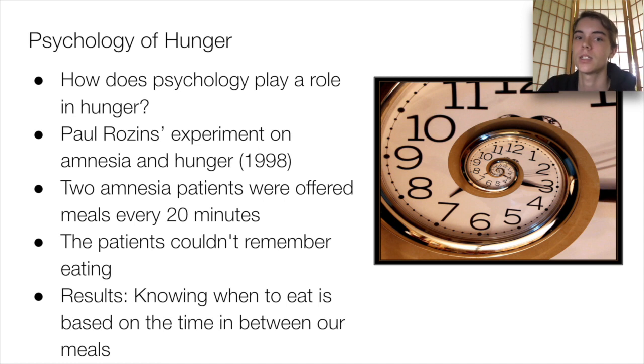Now, since these patients had short-term memory loss because of their amnesia, they couldn't remember eating and ate up to 3 meals after the 20-minute intervals. So he just kept giving them meals and they kept eating. So this proves that knowing when to eat is based on the time in between our meals. So if we can't remember eating, then we will just eat anyways. So that's a contribution to our hunger.